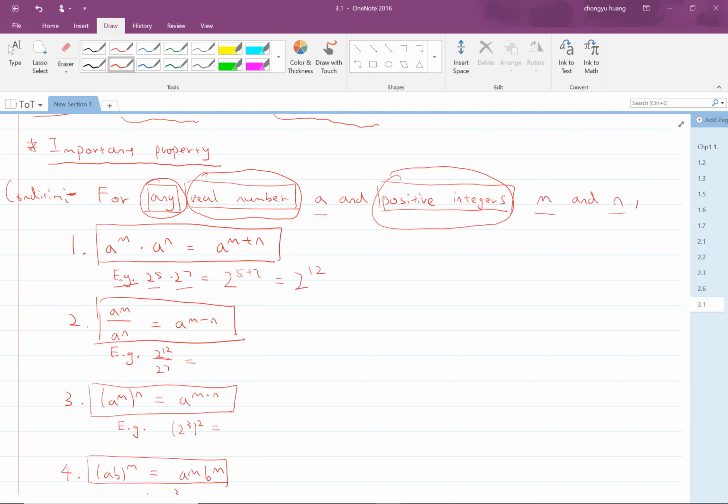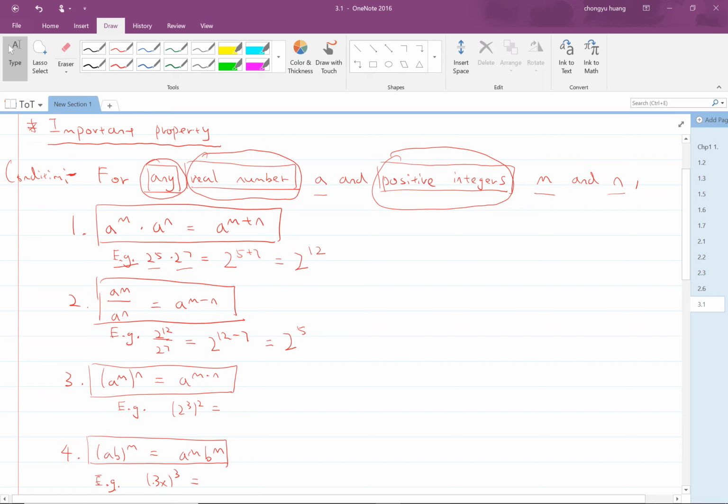Then m is equal to 12 and n is equal to 7, both positive integers, so the condition has been met and we are able to apply the property. So we have 2 to the power 12 minus 7, which is 2 to the power 5, since 12 minus 7 is 5.